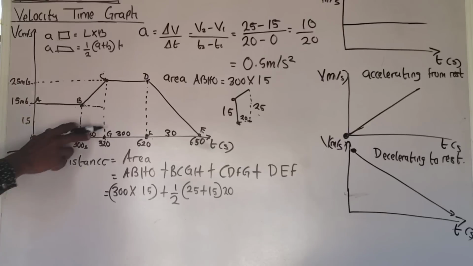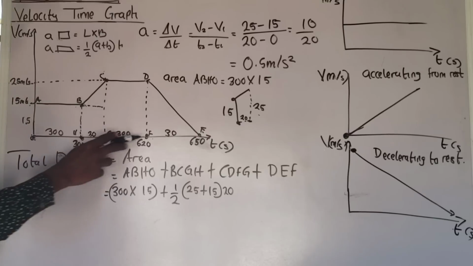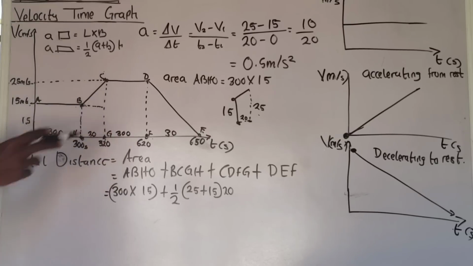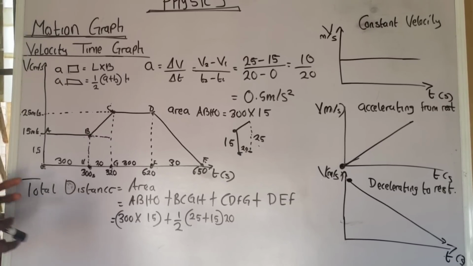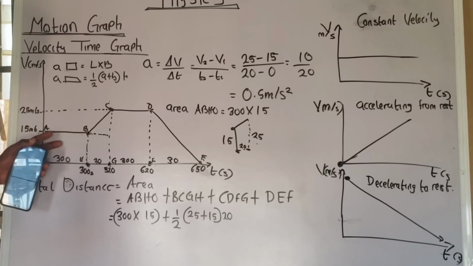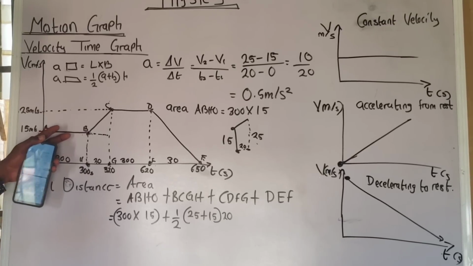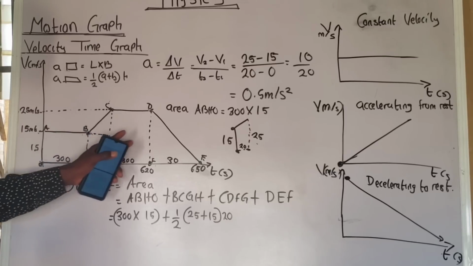Now, what is this shape CDFG? This shape is also a rectangle. And the total distance from here to this point is 25. It's very simple. What I'm doing is calculating the area of the figure that I have in the graph. I have a rectangle, trapezium, rectangle, and triangle.